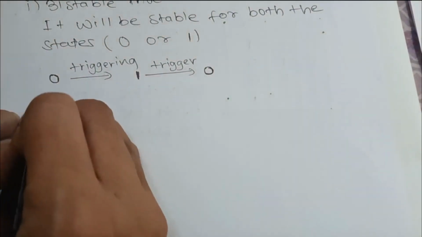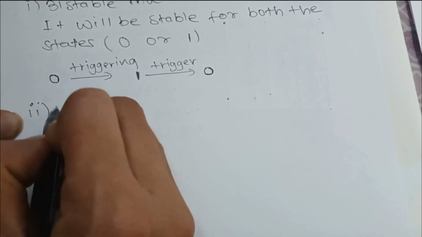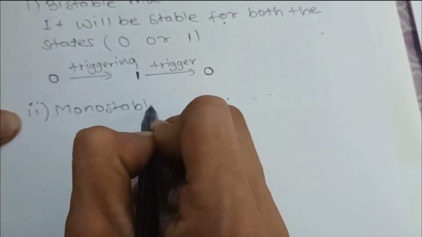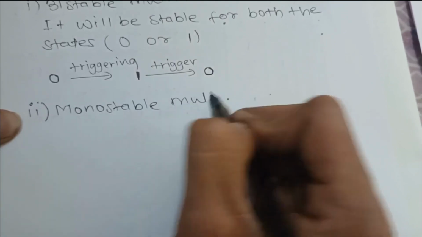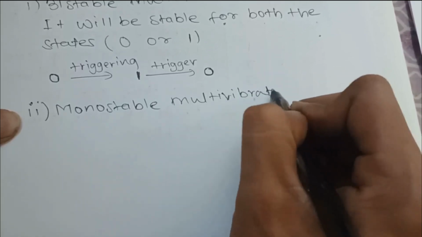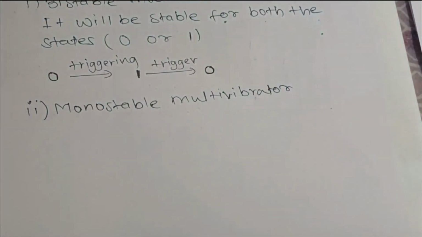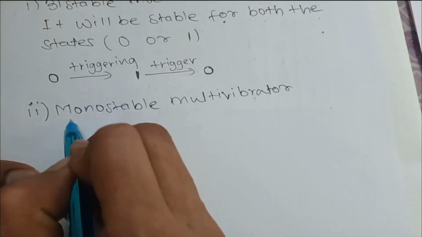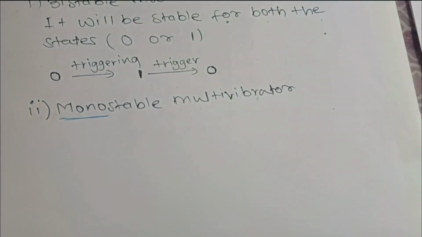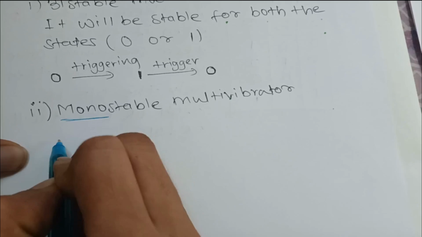Next one is our monostable multivibrator. As the name suggests, mono means only one stable state is going to be there. Suppose our stable state is 0.